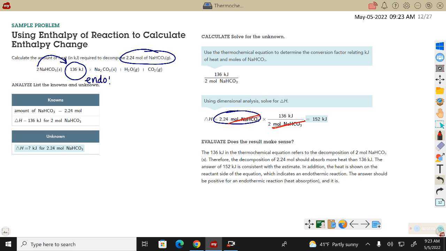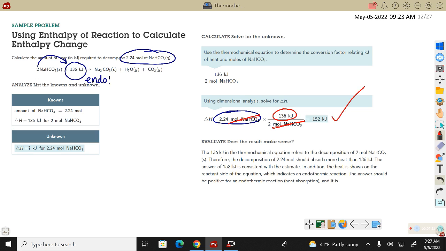2 moles, the ratio in the balanced equation, requires this guy, 136 kilojoules. Well, I've got a little bit more than 2 moles. So I'm going to multiply 2.24 times 136 and divide by 2.